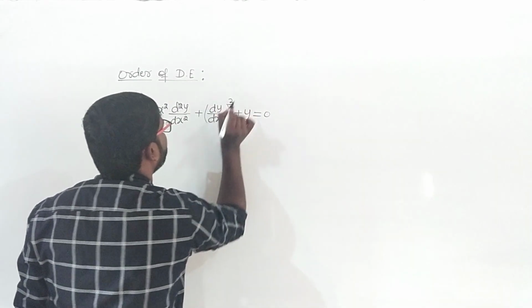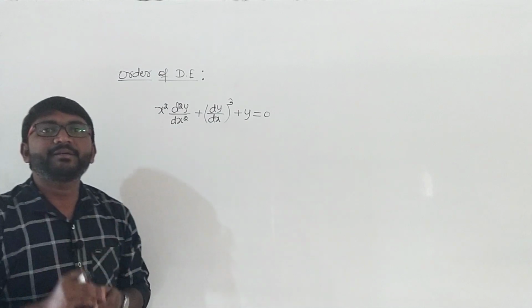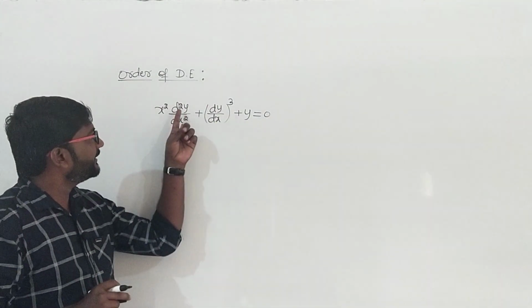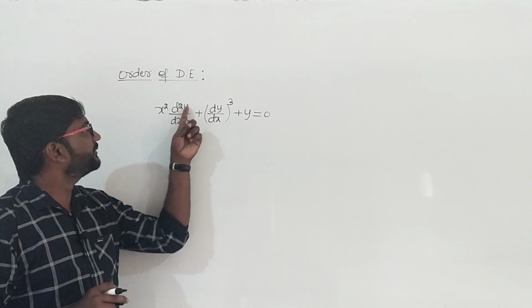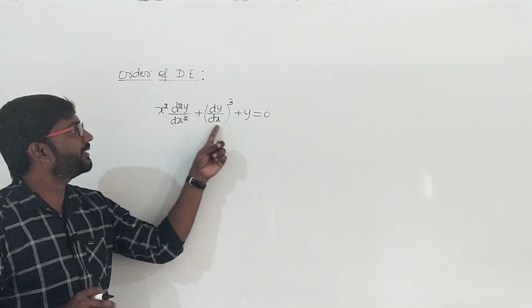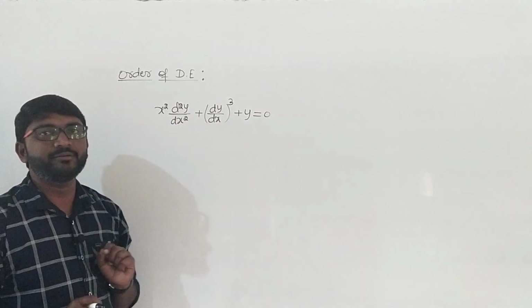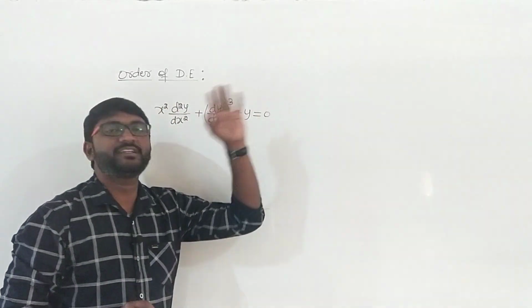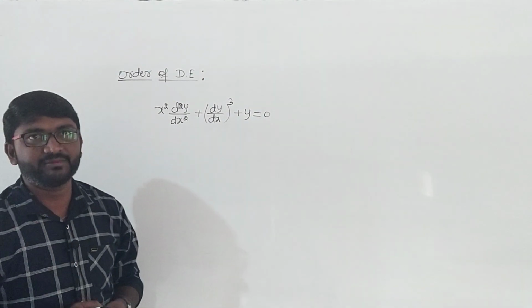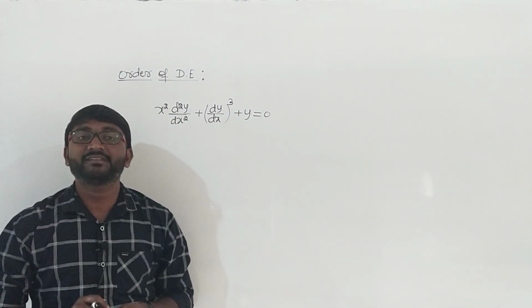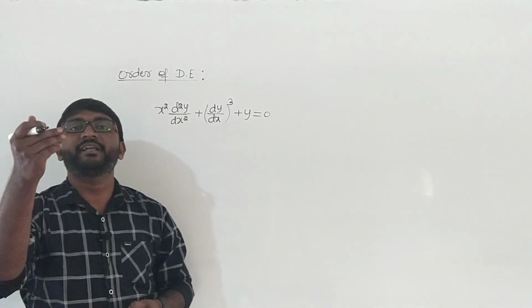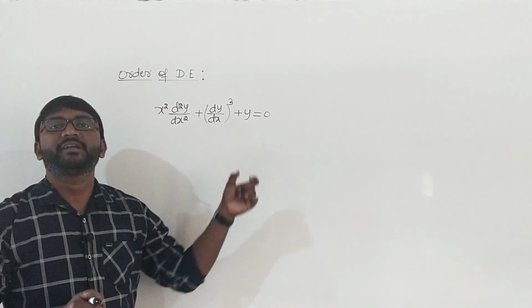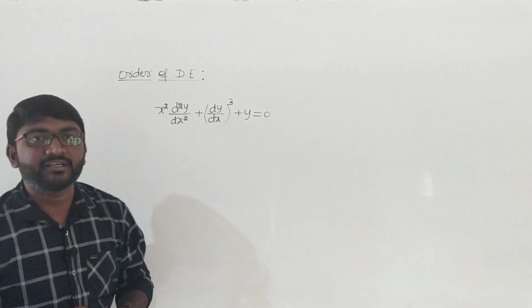This is a differential equation. What is the highest order derivative here? It is second order. We have d square y by dx square, and here we have dy by dx, which is the first order derivative, whereas this is the second order derivative. Therefore, the order of this differential equation is 2. That means the order of the differential equation is the order of the highest order derivative of the dependent variable with respect to the independent variable involved in the differential equation.